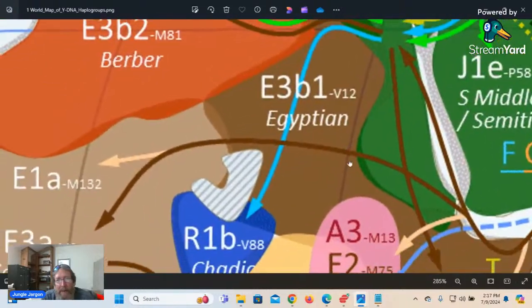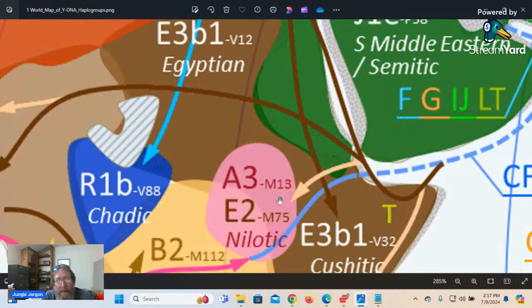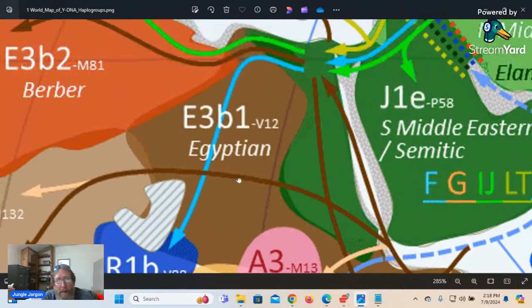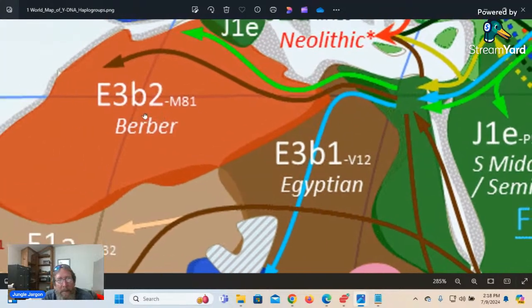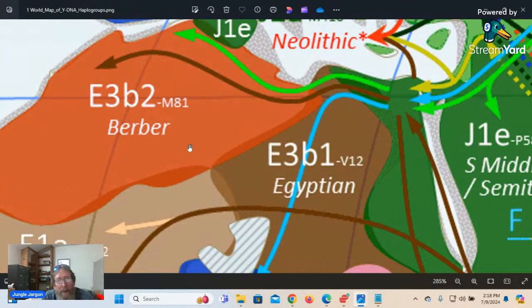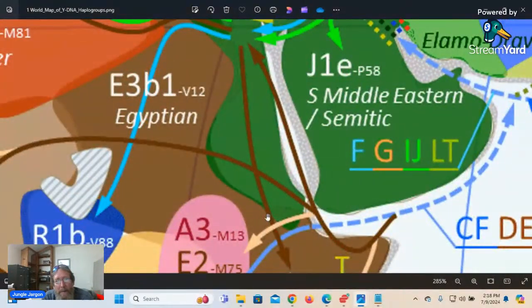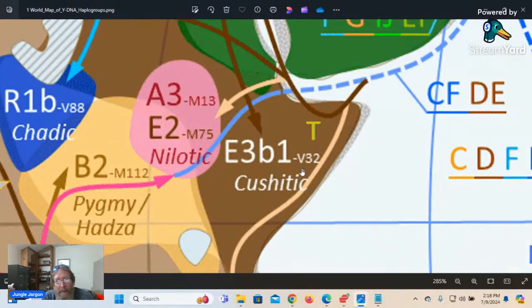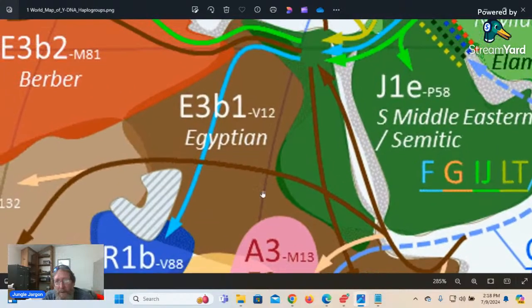The African lineages were a little bit hard because there's a lot of them, and it's a little bit confusing, but after a while I was able to straighten it out, because the Berbers and the Egyptians and a lot of these other ones, like the V32, says Cushitic, but it's really not Cushitic, even though there's probably the influence of Cush there.